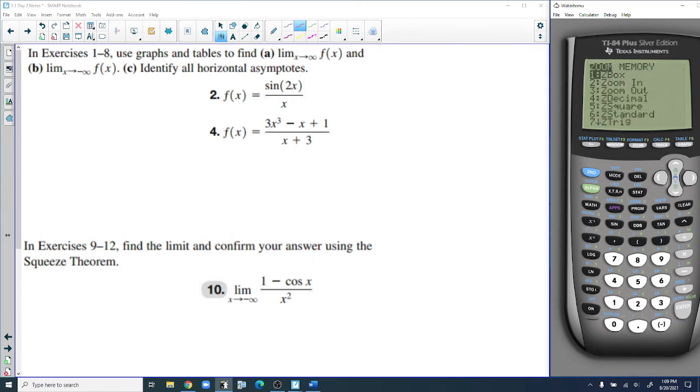Let's go zoom 6. And we're looking at infinity and negative infinity, and those are leveling out to 0. So A is 0, B is 0, identifying horizontal asymptotes. Well, yeah, y equals 0.